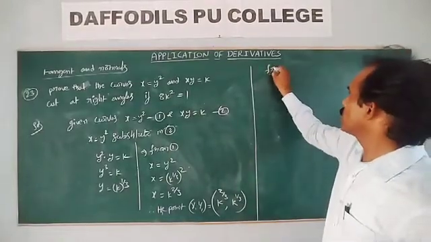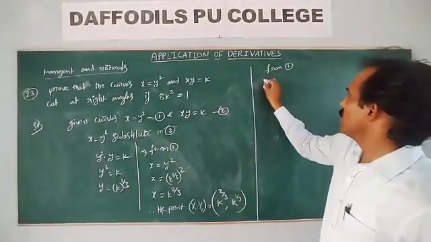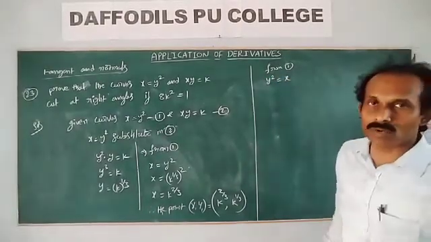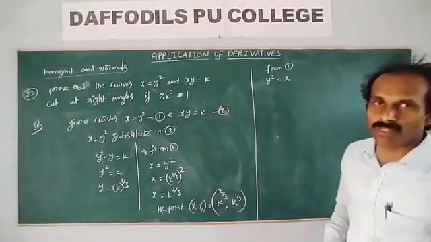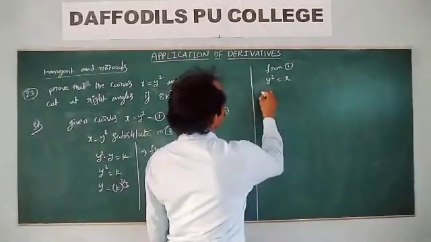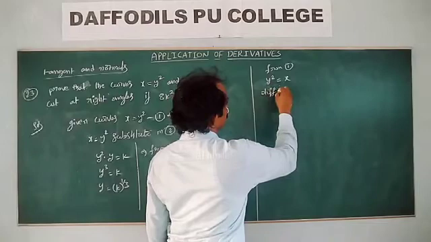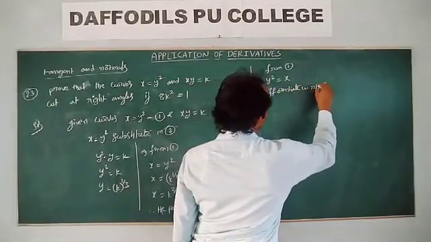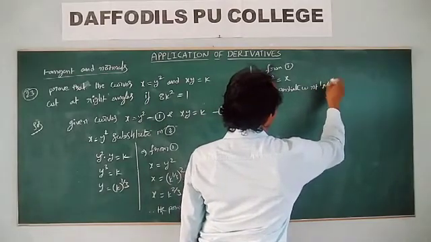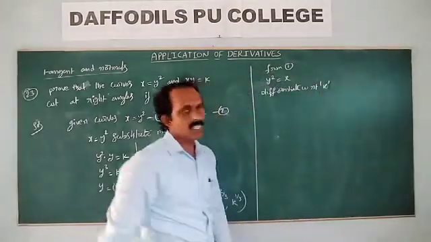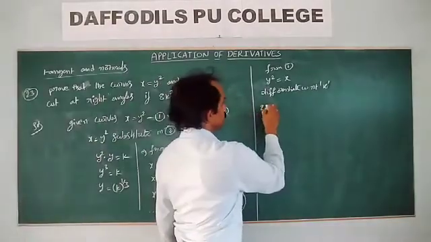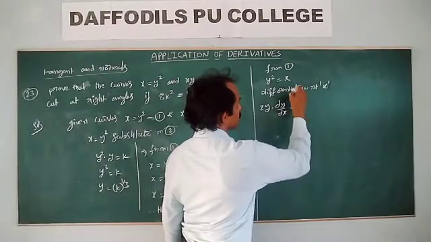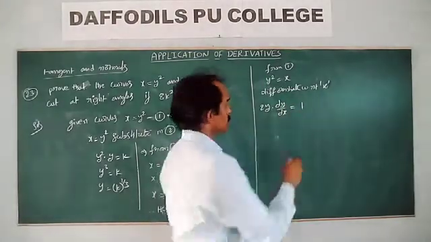Now from 1, y square is equal to x. We find the slope of the first curve. Differentiate with respect to x: 2y into dy by dx is equal to 1.